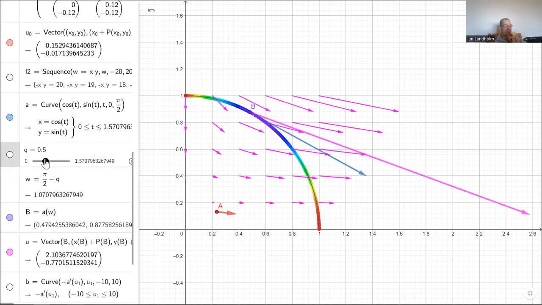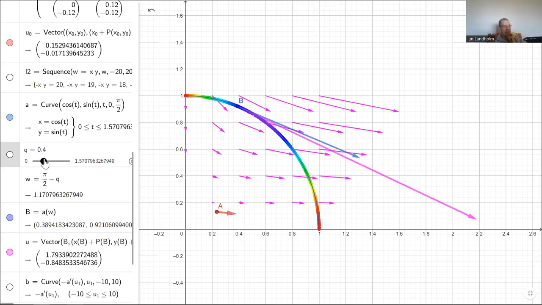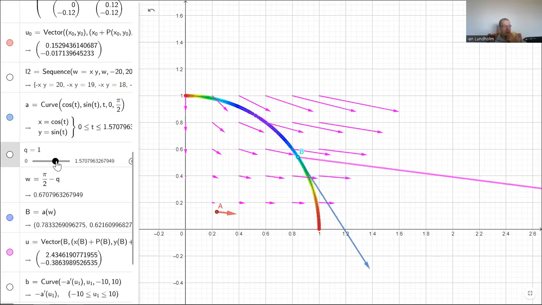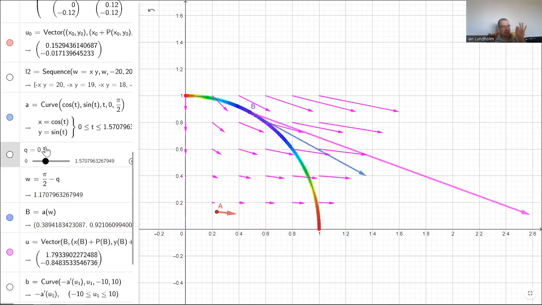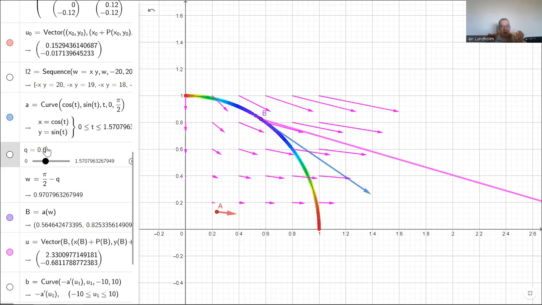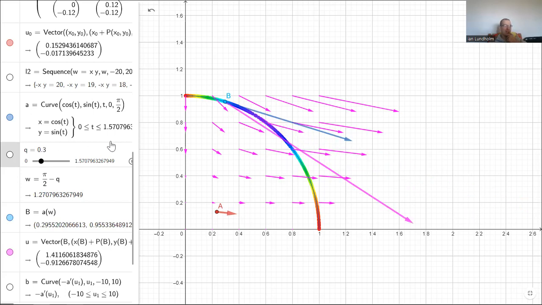When we get out to these blue values, it means that the dot products are getting big, and then they go back down and approach 0 again as we get to the end. But it's the dot product between the force field and the displacement vector that's giving us our work each time, the work that's being done by the force field. Super cool.